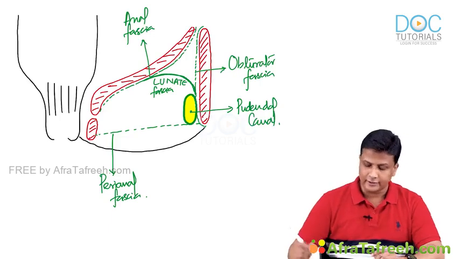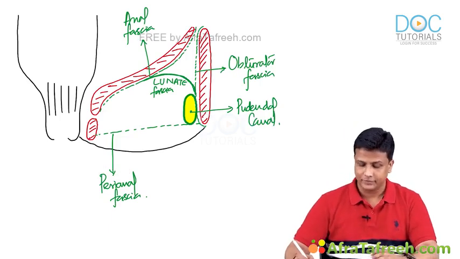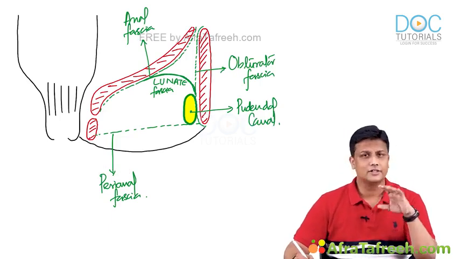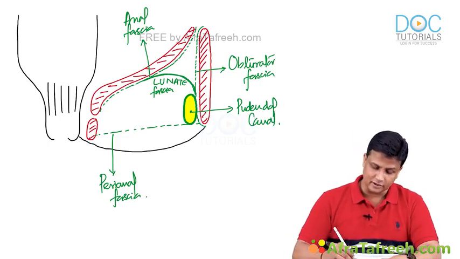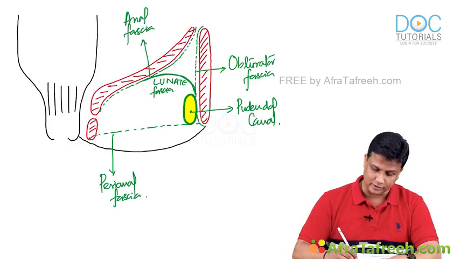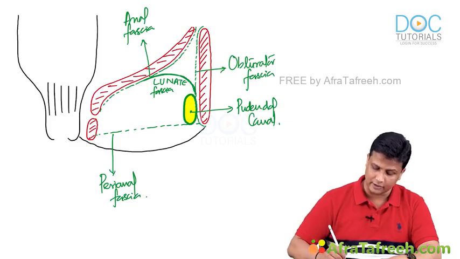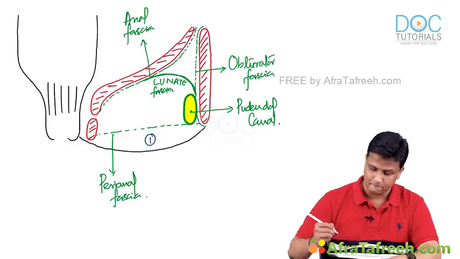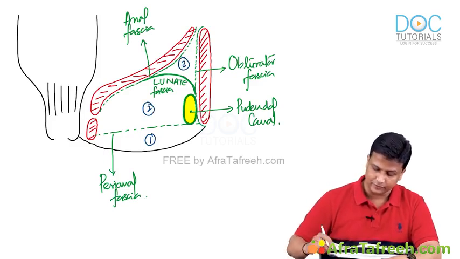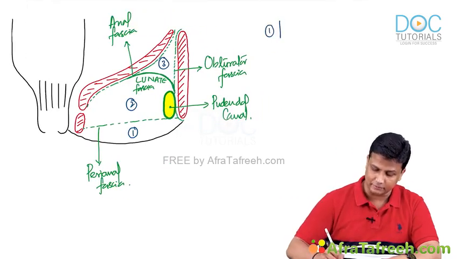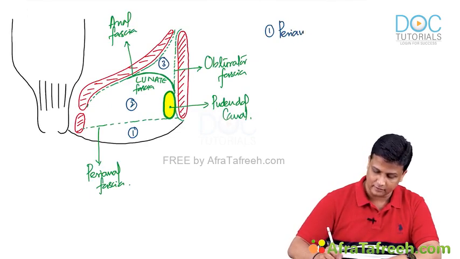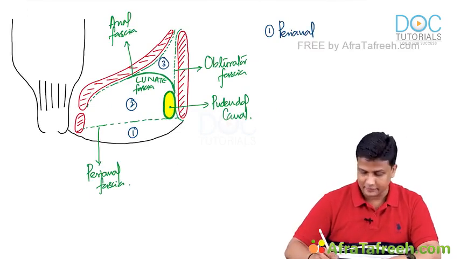Now, one last and final thing to learn here, guys. Once you have learned about all this fascia crystal clearly, because of all this fascia, this entire region is divided into three parts over here. I'm able to see number 1 here, and then there will be number 2 here, and then there will be number 3 here. Now, what will be the names of these three parts? Number 1, that is known as the perineal space here.